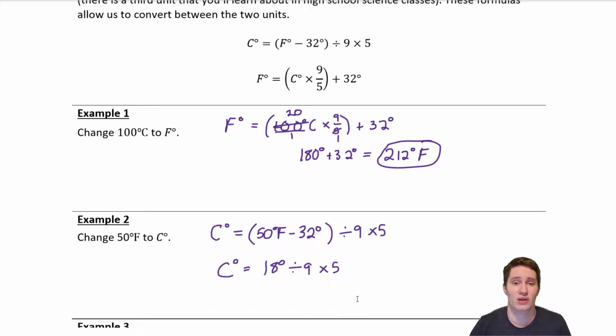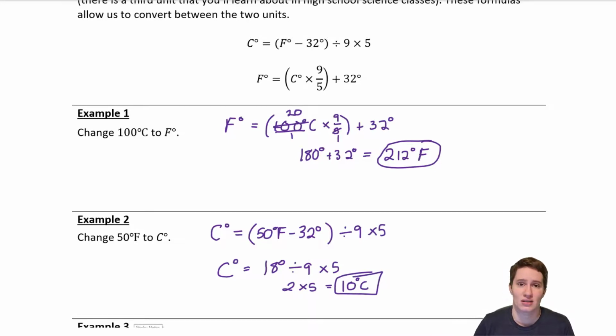Multiplication and division are weighted the same. So if what we have is all multiplication and division without any other operations happening, we go from left to right. So this would be 18 divided by 9, which is 2, and then we would times that by 5 and get 10. So this would be 10 degrees Celsius.